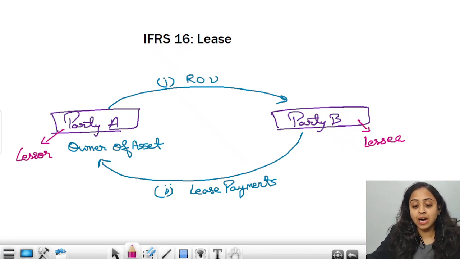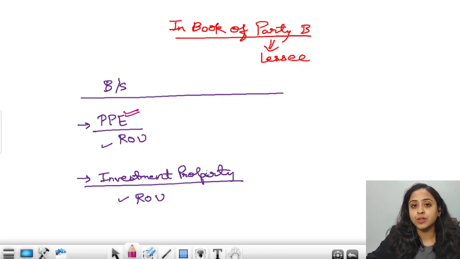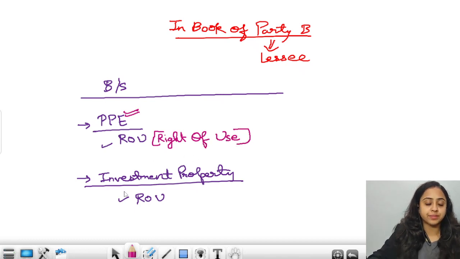Okay, let's see how. Firstly, if that particular asset is taken for property, plant and equipment purpose, then it will be shown under property, plant and equipment, and a separate line item will be shown, right of use asset. Okay, ROU asset.